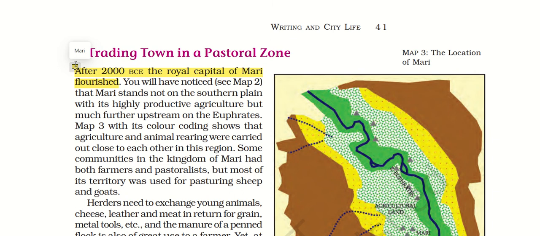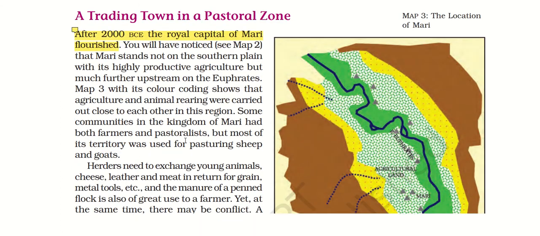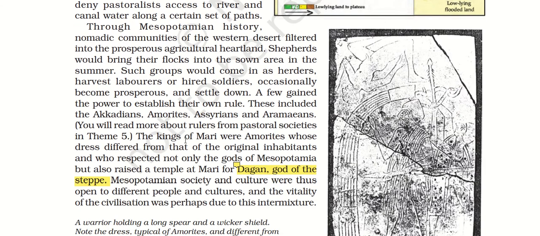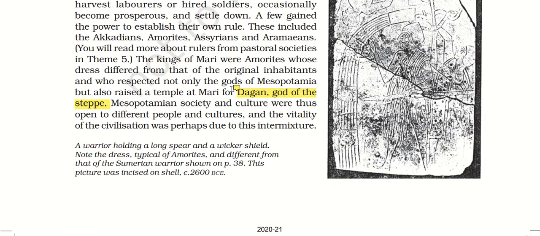Now, the next town is Mari, the royal capital after 2000 BCE. So this was a trading town in a pastoral zone. Who was the god of the steppe? Dagan.